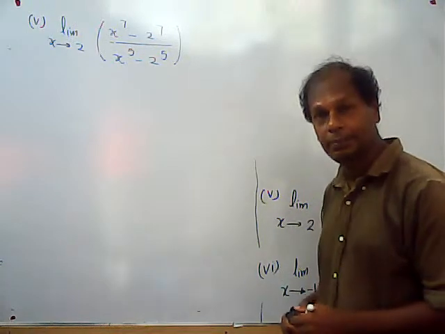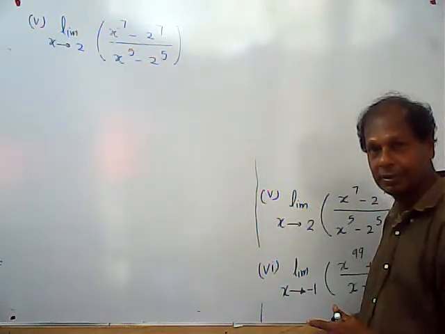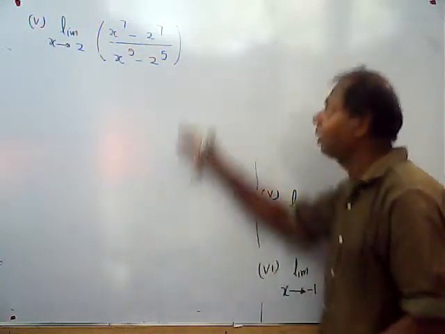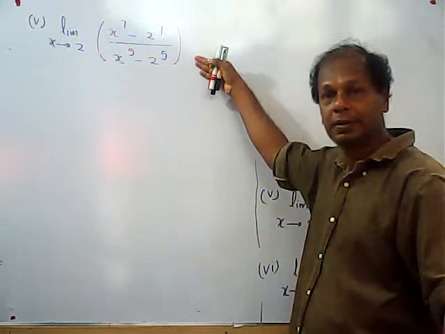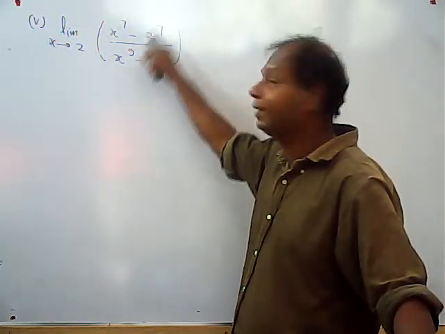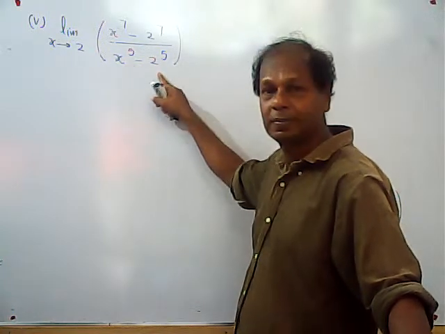But to apply the theorem, we need everything as nicely set as the things in the theorem. Can you apply it to this directly? No, it's like x to the power 7 minus 2 to the power 7. We need x minus 2 here divided by x minus 2, not this.